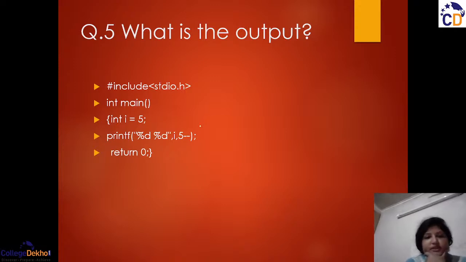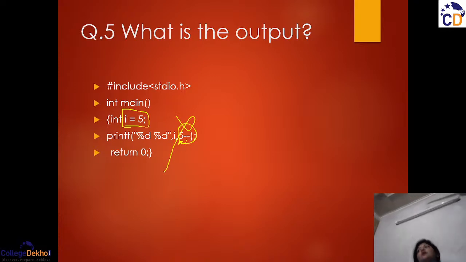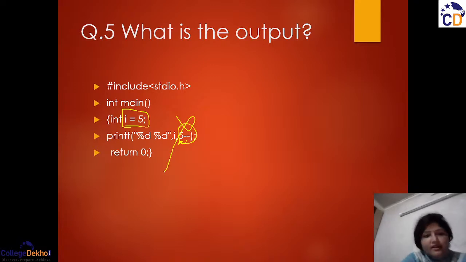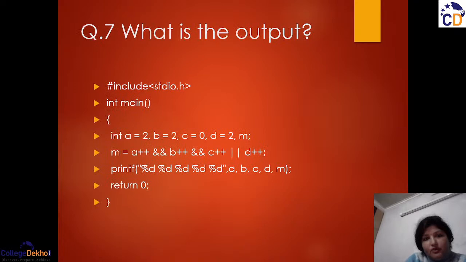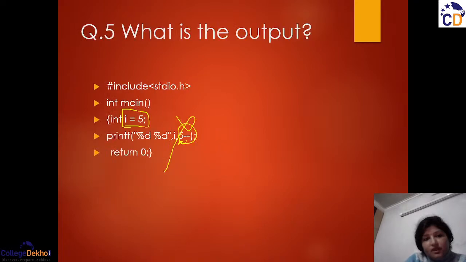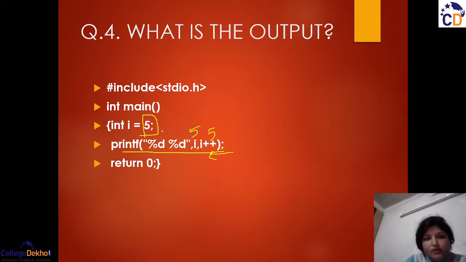Then we have another program in which I is assigned the value 5, right? And if you perform minus minus directly on a value, it gives you a compilation error. You cannot use this directly on a value. You can perform it on a variable, right?